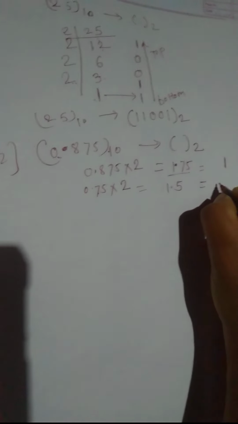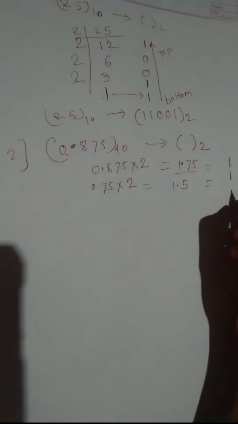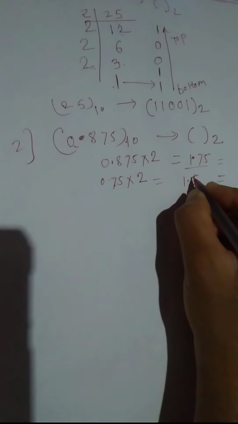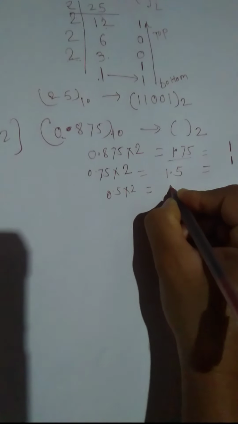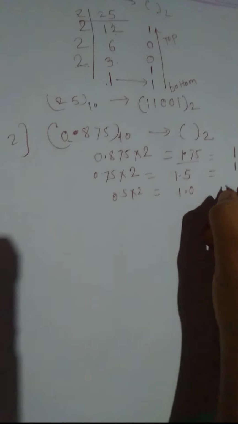In that 1.5, the integer part is noted. From this 1.5, 0.5 into 2 means the answer is 1.0.